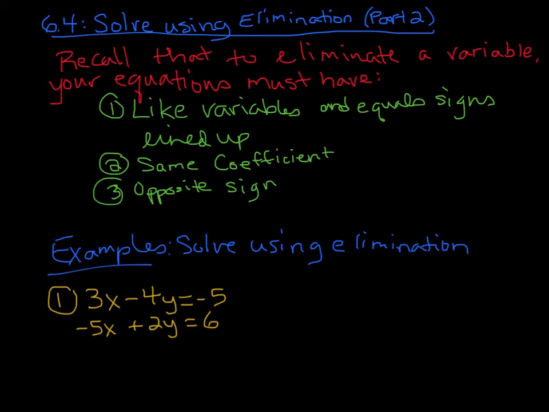The other thing you need is the opposite sign. Luckily, for the example below, both the x and the y's in the two equations have opposite signs. So now you need to decide which variable you're going to eliminate.